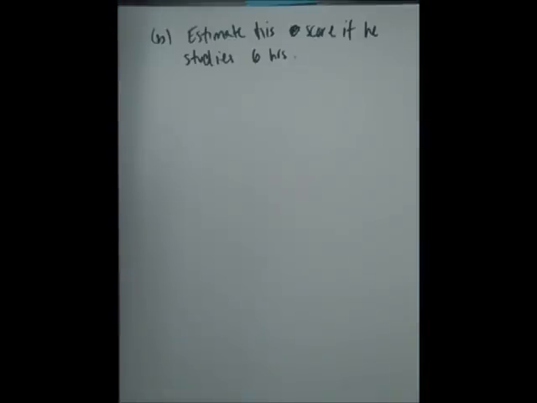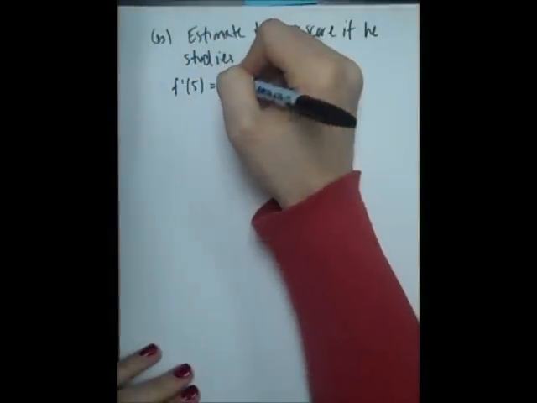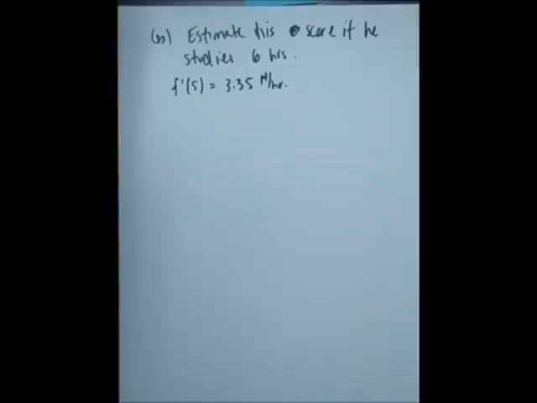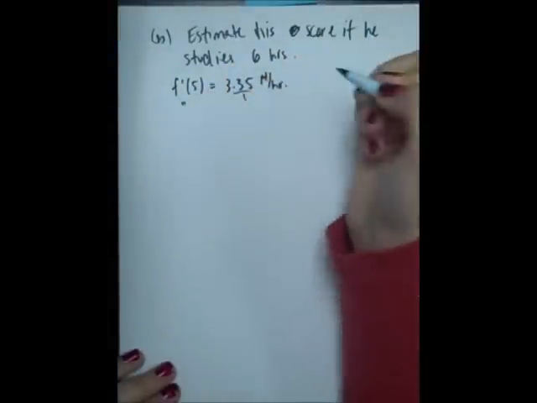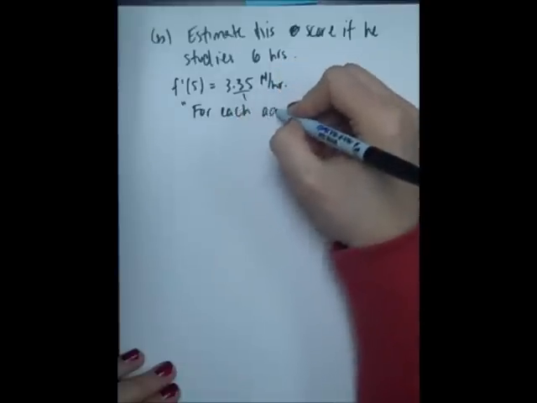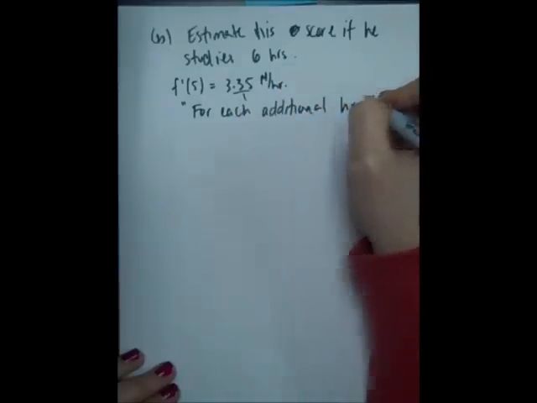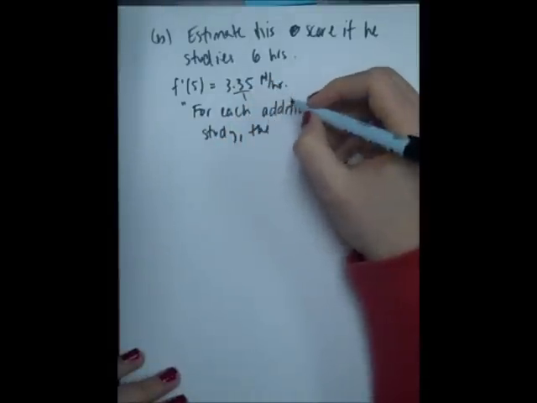Okay, so we know what f prime of 5 was. We found that f prime of 5 was 3.35 points per hour. Again, what this meant, and what you want to think in your head, is that, since this was over 1, for each additional hour of study, the score goes up by 3.35 points.